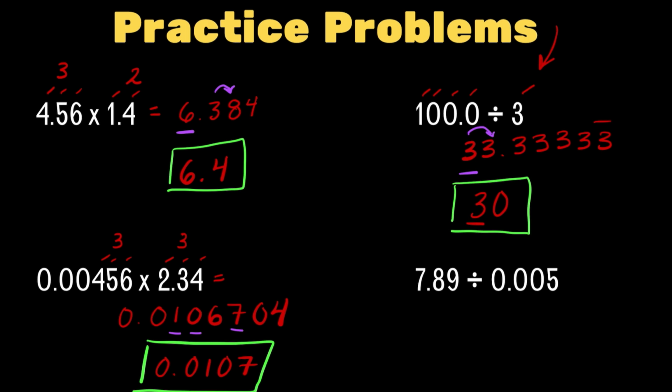Let's look at the last problem. Here we have 3 sig figs, and here we only have 1 sig fig. If we divide 7.89 by 0.005, we get 1,578. Now, we want our answer to only contain one significant figure.